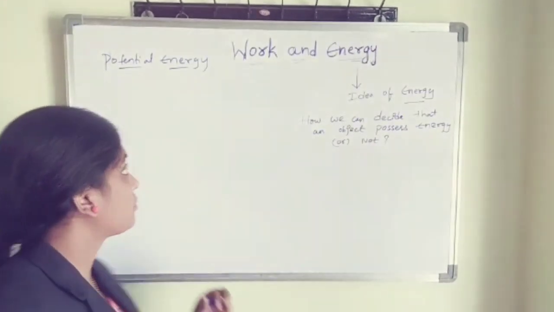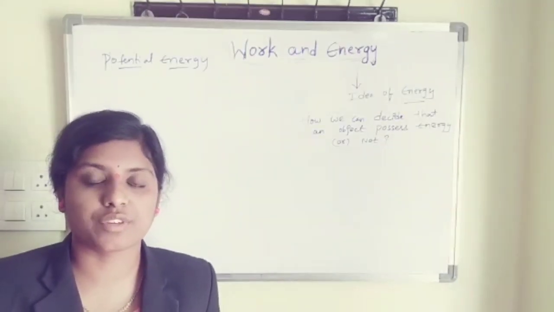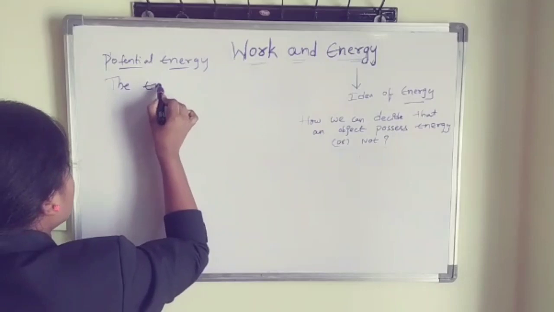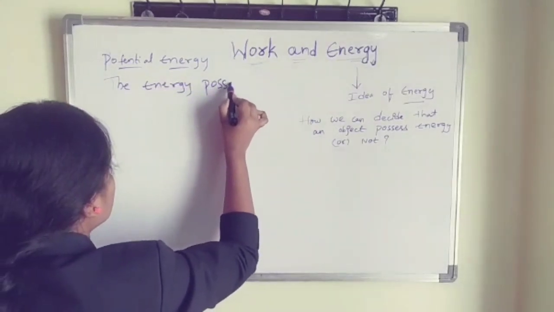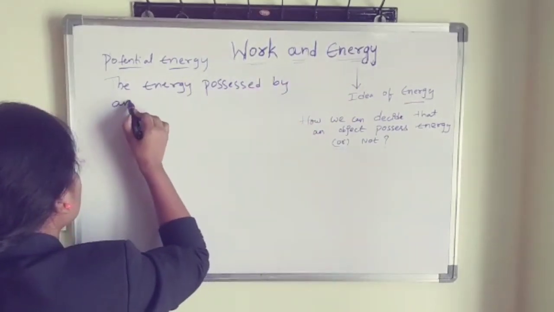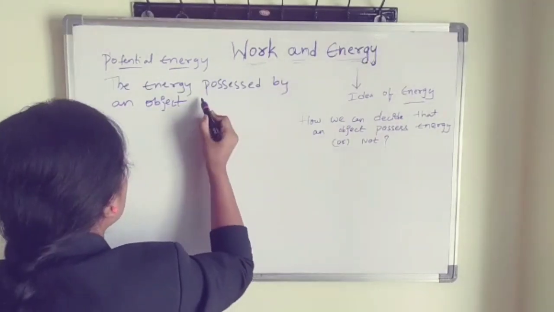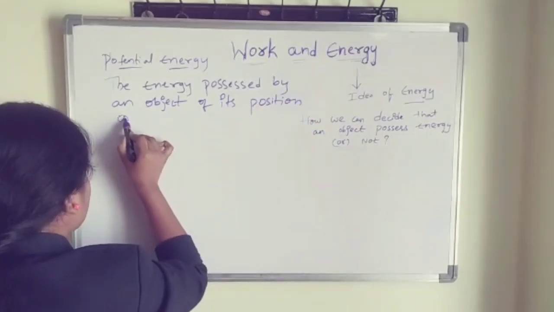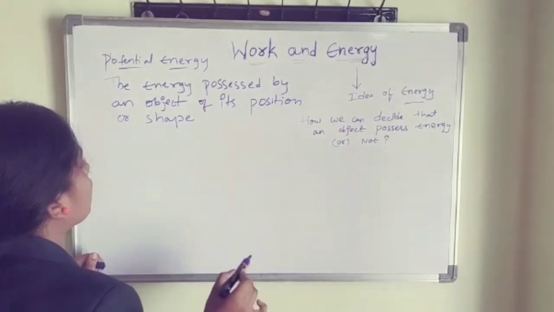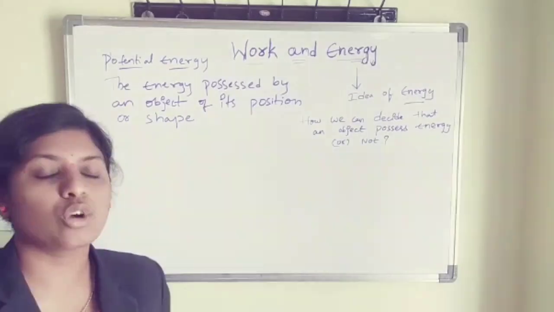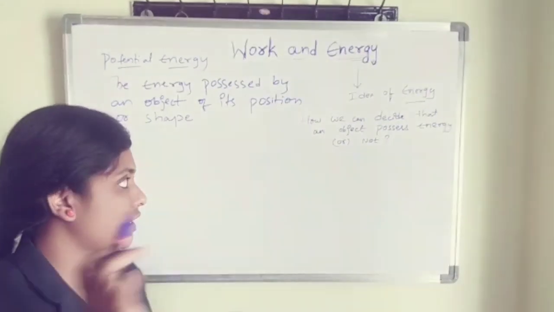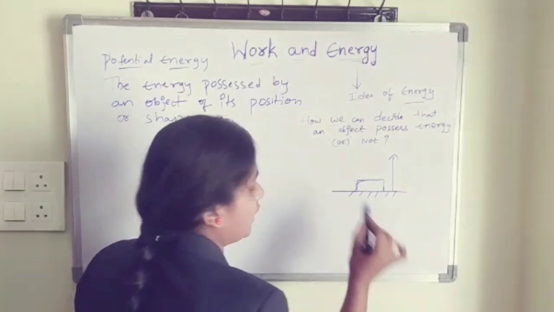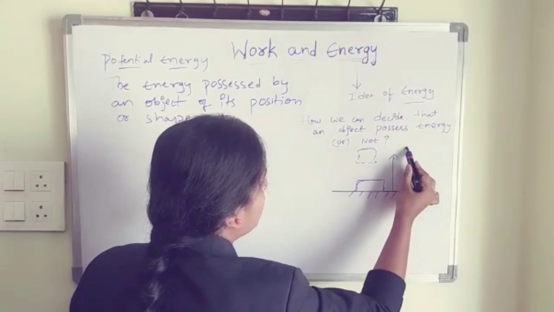Definition of potential energy: the energy possessed by an object because of its position or shape is called its potential energy.